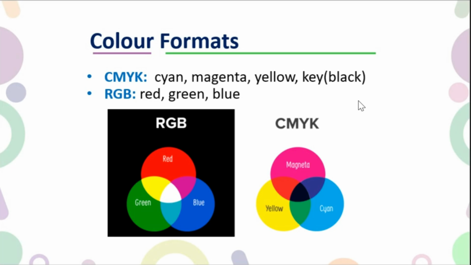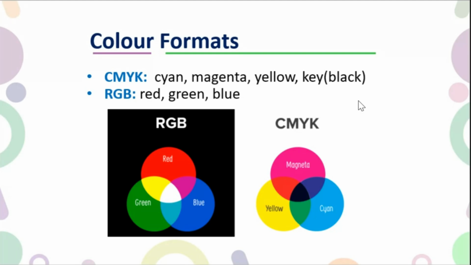When we get to the software part, you will learn how to change those color modes and use them depending on what the design is for. If you are going to print it, you have to choose the CMYK color mode.